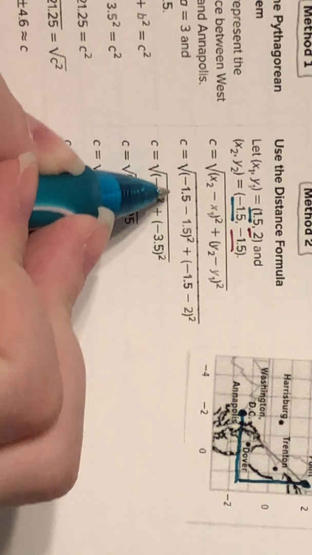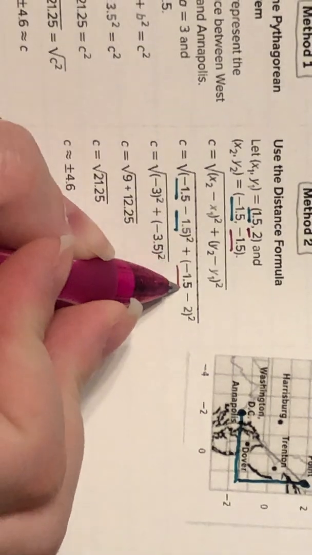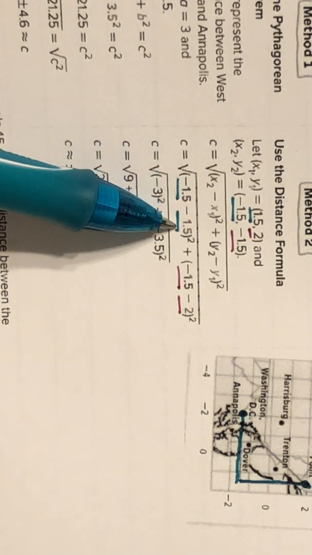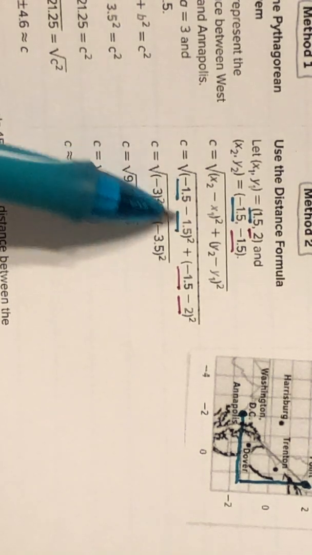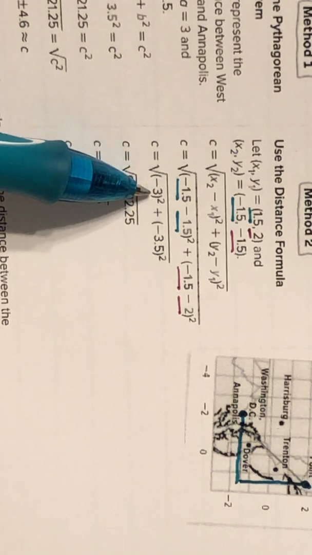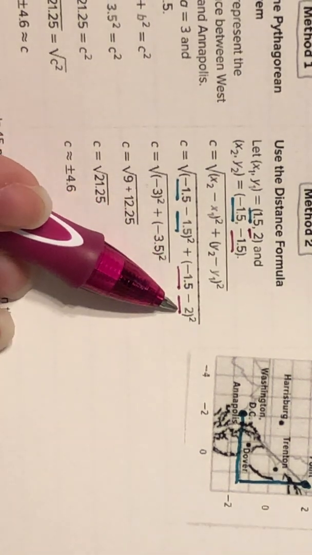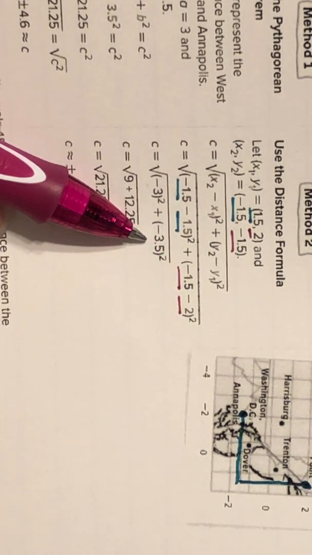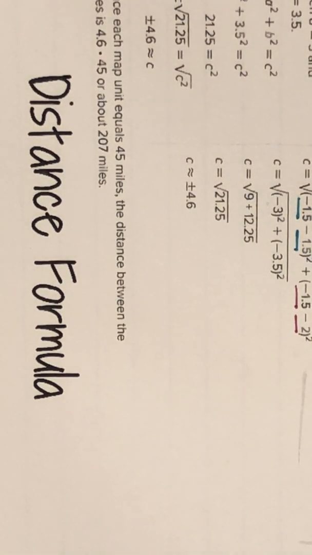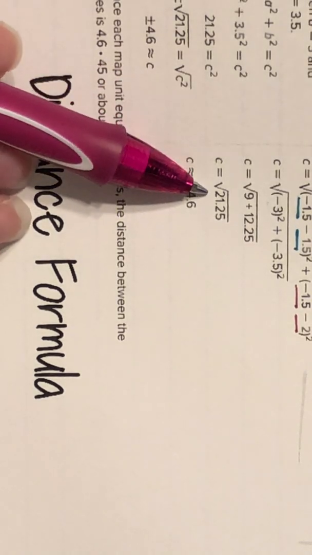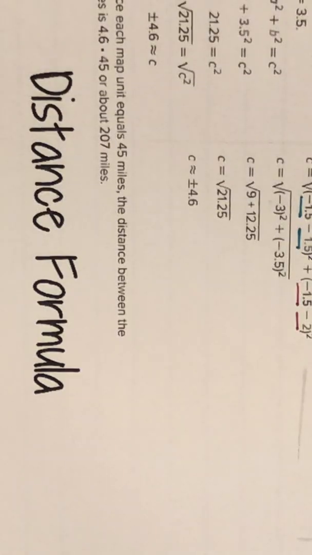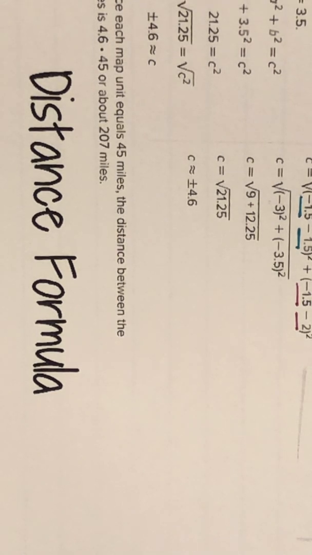So here's x2 minus x1, y2 minus y1. x2, negative 1.5 minus x1, 1.5, gives me negative 3. And then my y2 and y1, negative 1.5 minus 2, gives me negative 3.5. I square both of those, so I get 9 plus 12.25. Add them together, so I get 21.25. Take the square root, so I get 4.6.